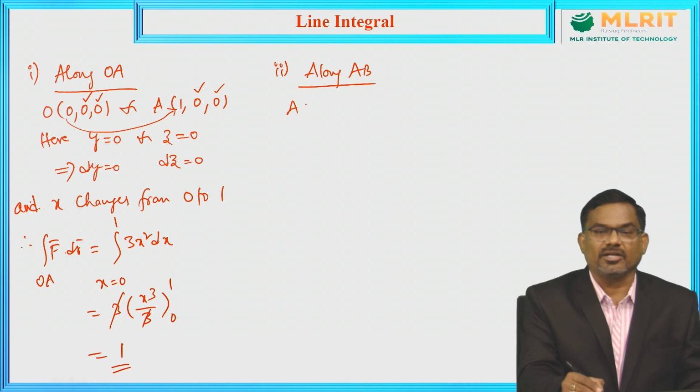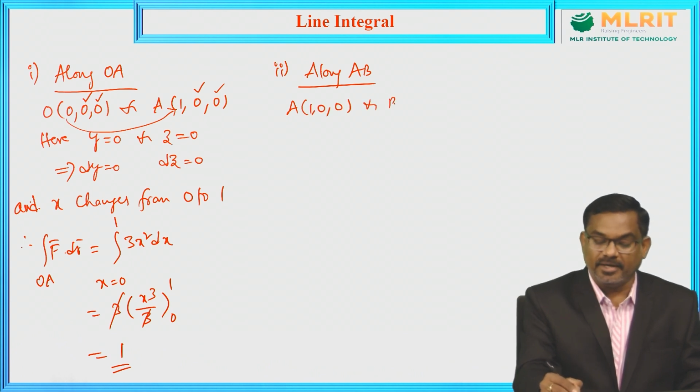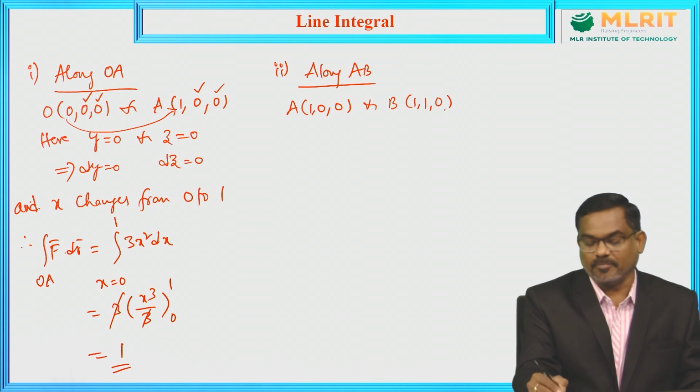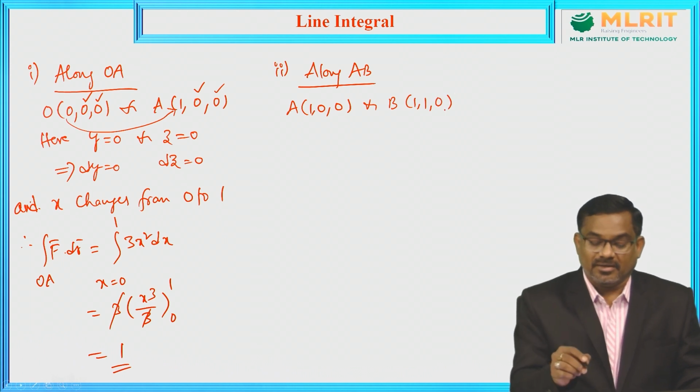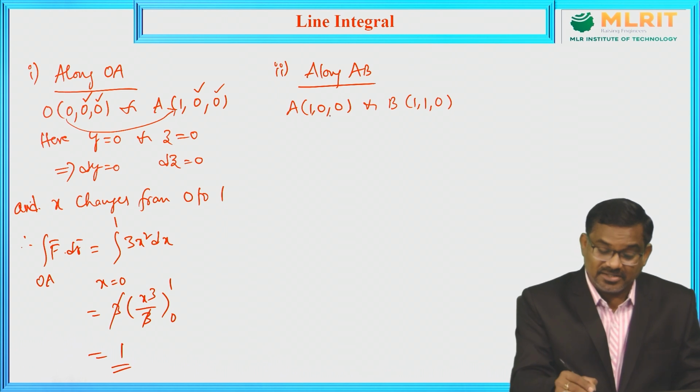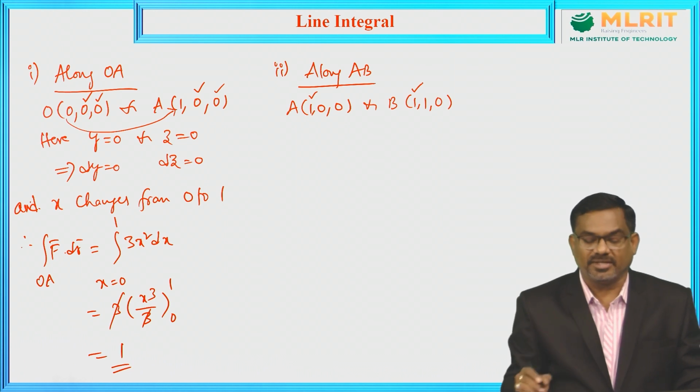Along AB, what are the points? A is 1, 0, 0 and B is 1, 1, 0. Now again identify the values which are changing and which are not changing. Here it is very clear that x is 1, and at B also the value of x is 1.